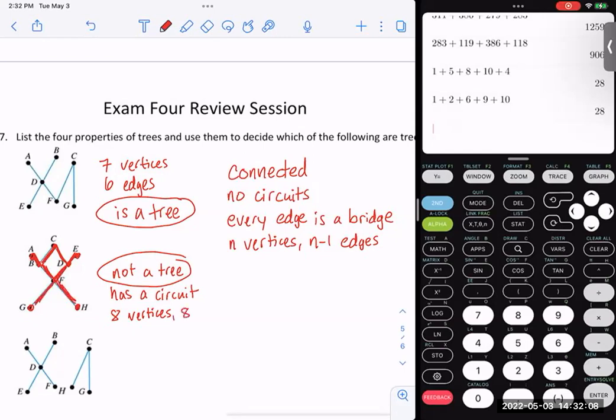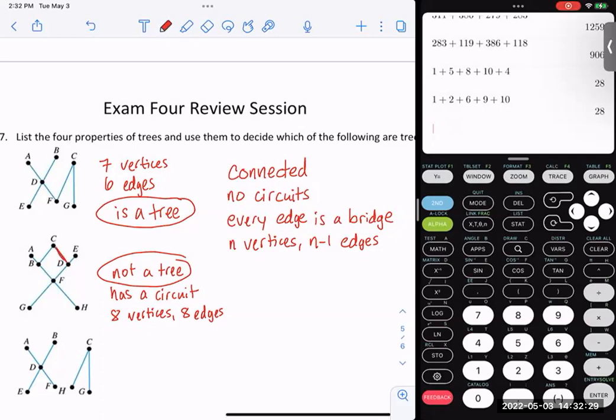So the fact that I don't have exactly 7 edges would also make it not a tree. And actually, I could make this one into a tree if I removed not just any edge, but for example, if I removed this edge, if that were gone, then it would be a tree.